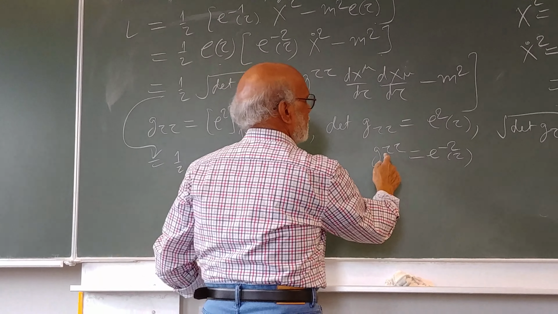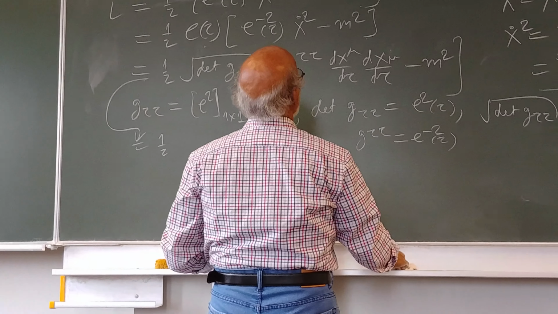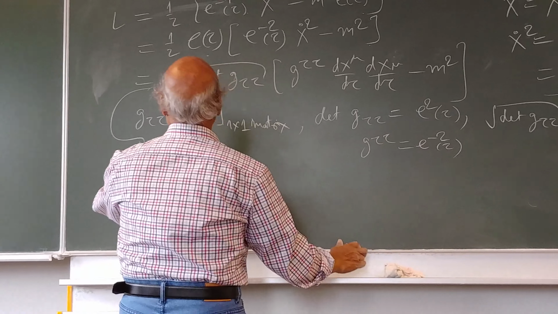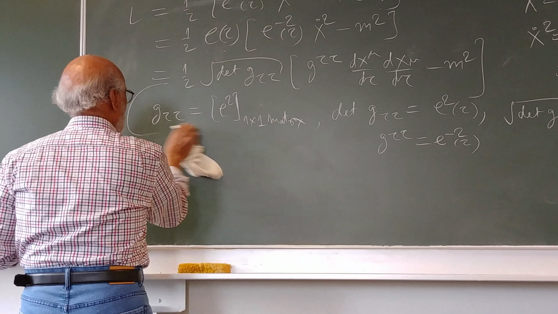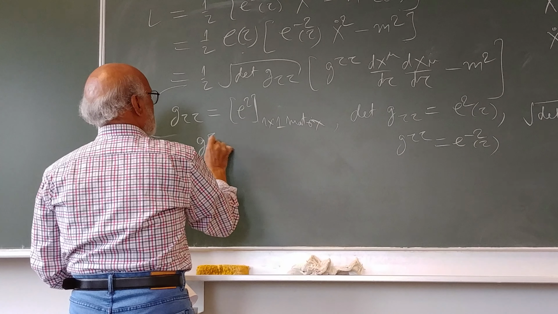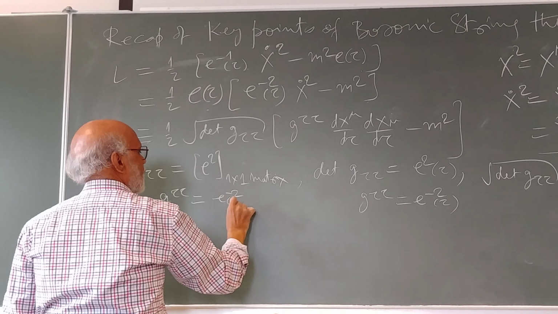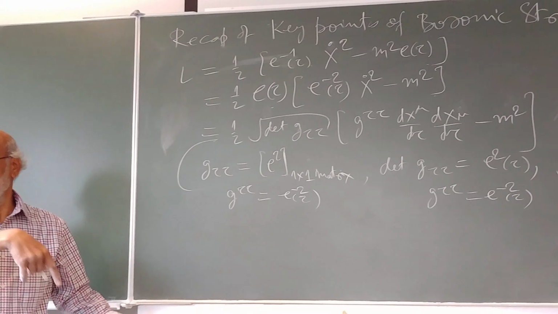If we take this g tau as e square, then g tau inverse is this to the power minus 1.